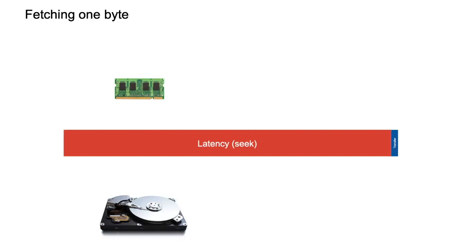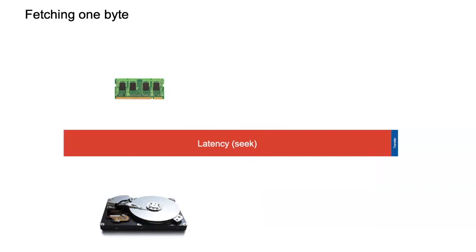Now, why is that important to us? Well, it's important to us because when you read from disk, you need to consider what quantity you are reading. If you're just reading one single byte, then you're going to just keep waiting until you reach it. And then in relative terms, the time you spend transferring is much smaller, right? You wait for the rotating head, and then you just read 1 byte.